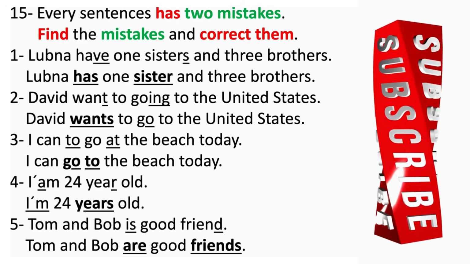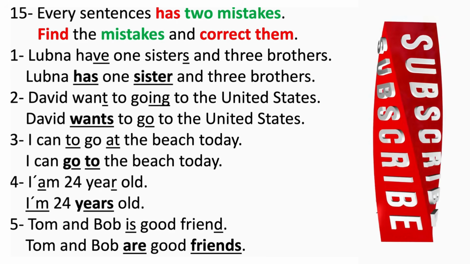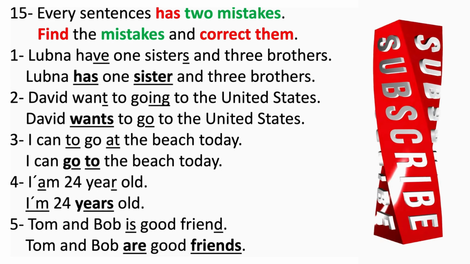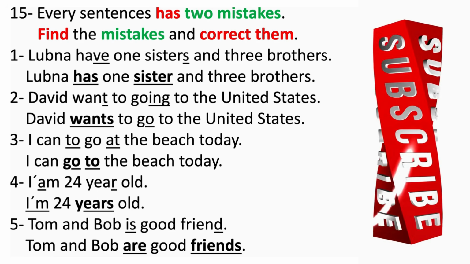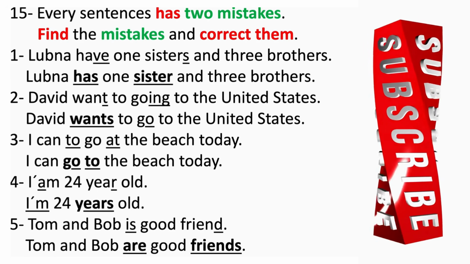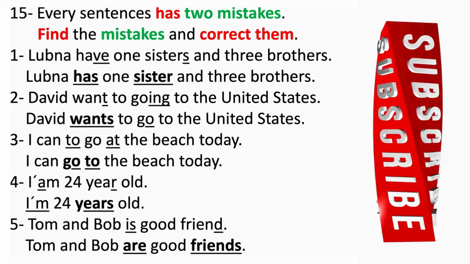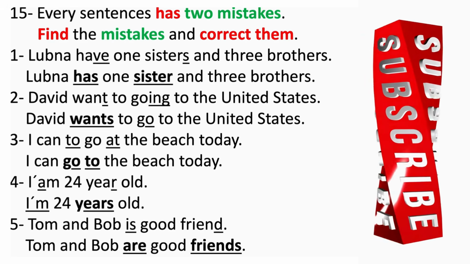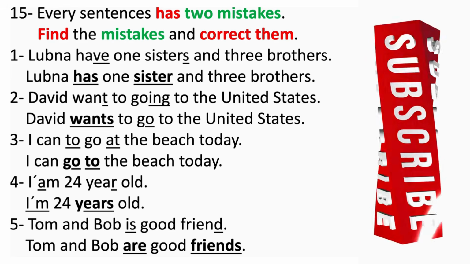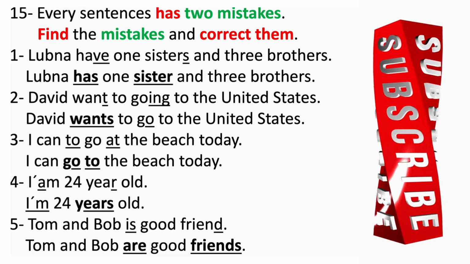So the mistake, when we say Lubna, we don't say have, we say has, because she has. I have, you have, he has, she has, it has. So Lubna means she, a girl or a woman. So Lubna has 1 sister and 3 brothers. So the 2 mistakes are have and sisters.